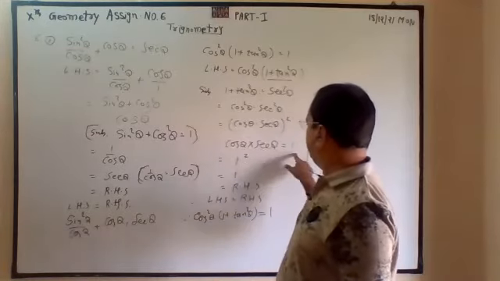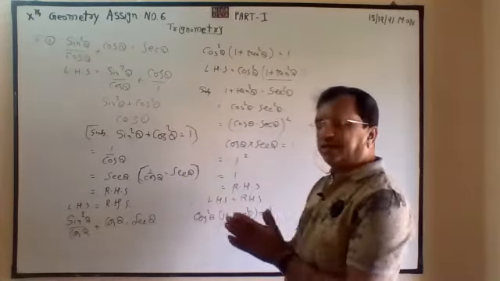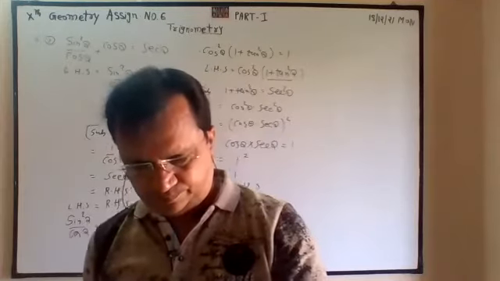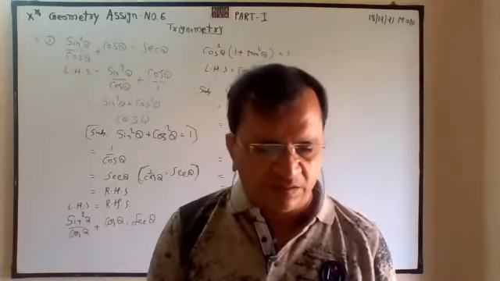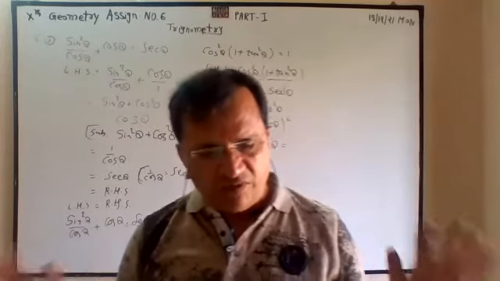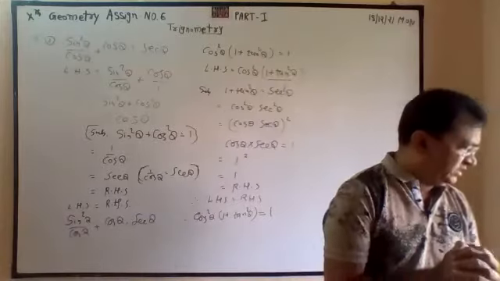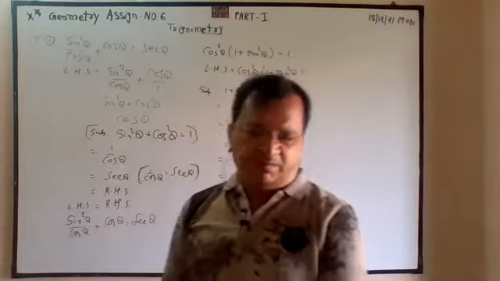Sec into cos we know is 1. So 1 square, that is 1. So the left side is equal to the right side. That third one, mark it as very important, because from this exercise this question has been asked the maximum number of times.